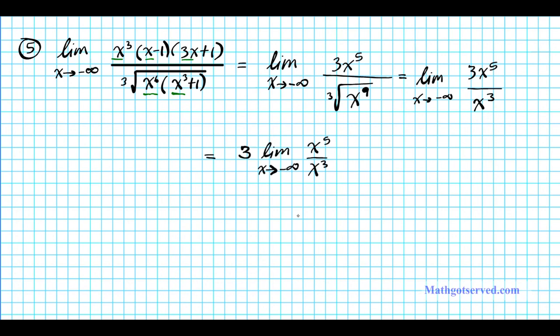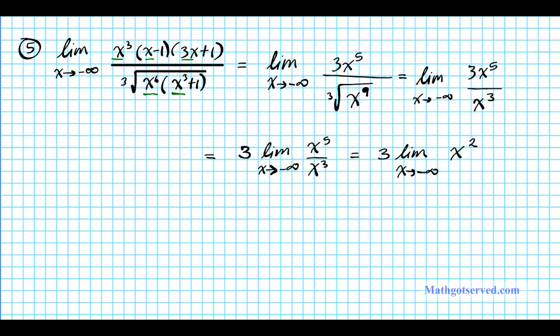Now, since we're going to negative infinity, what we can simply do is reduce these two terms right here. So using the properties of exponents, whenever you're dividing exponents with the same base, you subtract the powers, right? So the limit as x approaches negative infinity of x to the 5 minus 3, which is x squared.